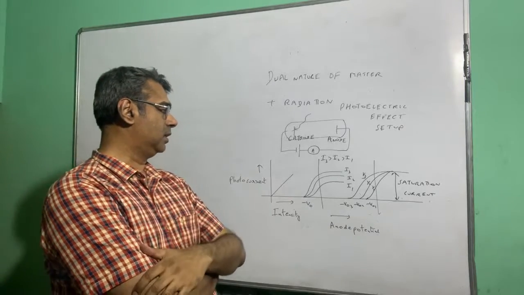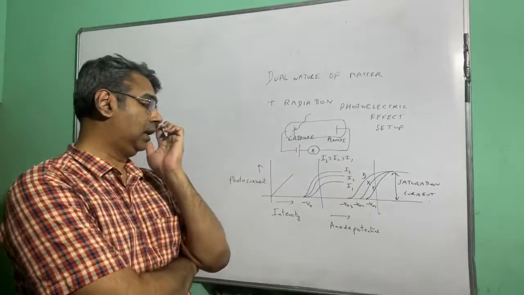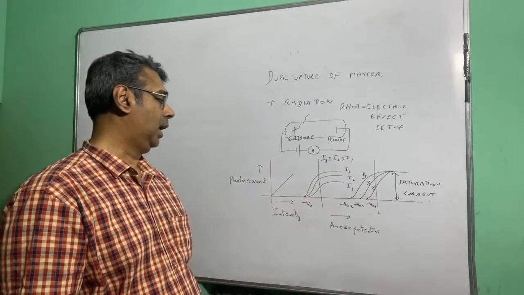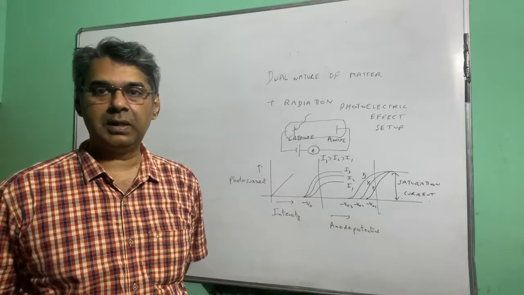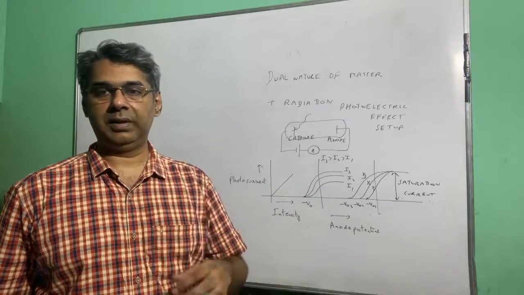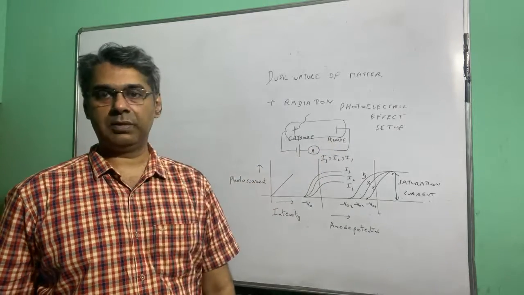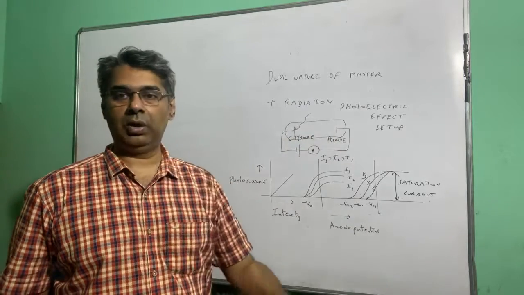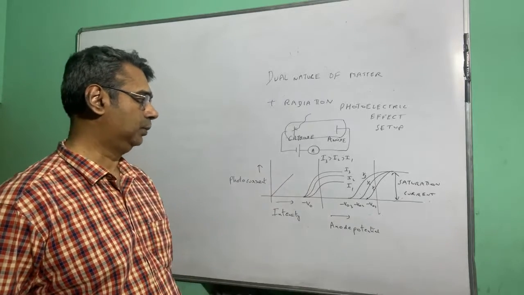So for higher value of intensity, I3 greater than I2 greater than I1, you will get a higher saturation current, and the potential of the anode at which the photoelectric effect will completely stop is minus V0. When the anode potential with respect to cathode becomes minus V0, the photoelectric effect will fully stop. That means the anode will no longer be able to pull the electrons towards itself. So this is graph number 2.